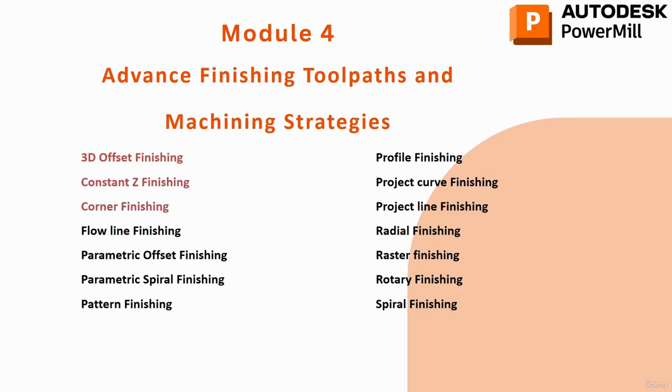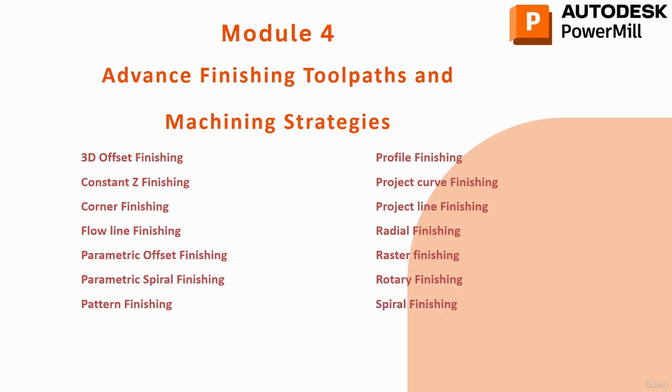We studied the flow line finishing, parametric offset finishing, parametric spiral finishing, pattern finishing, profile finishing, project curve finishing, project line finishing, radial finishing, raster finishing, rotary finishing, and the last one, spiral finishing.